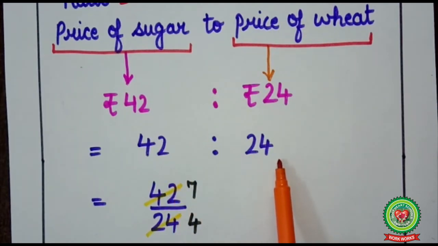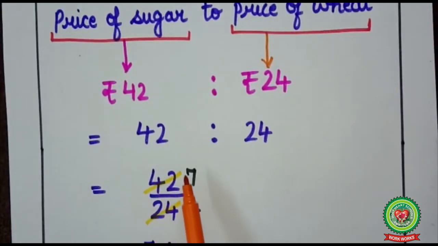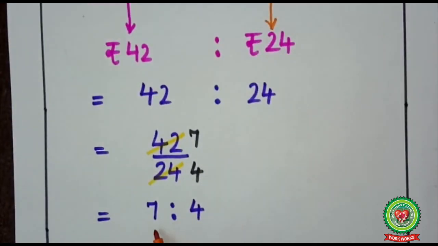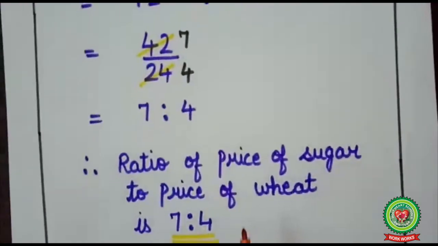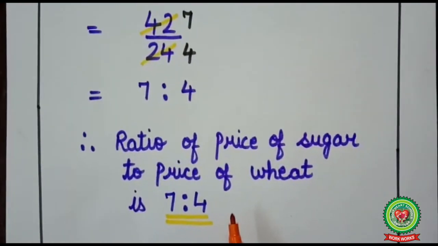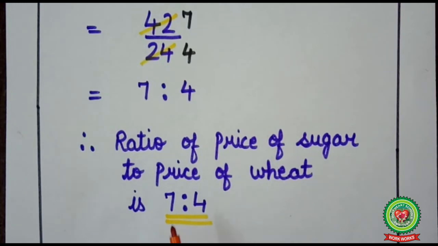It is not in simplest form, so we will change it into fraction form and do cutting. Here it will come 42 upon 24. Now here 6 sevens are 42, 6 fours are 24. So at the end it will come 7 ratio 4. Therefore the ratio of the price of sugar to the price of wheat is 7 ratio 4.